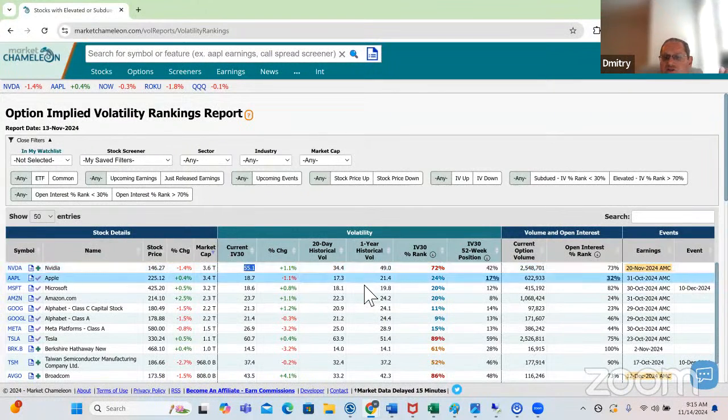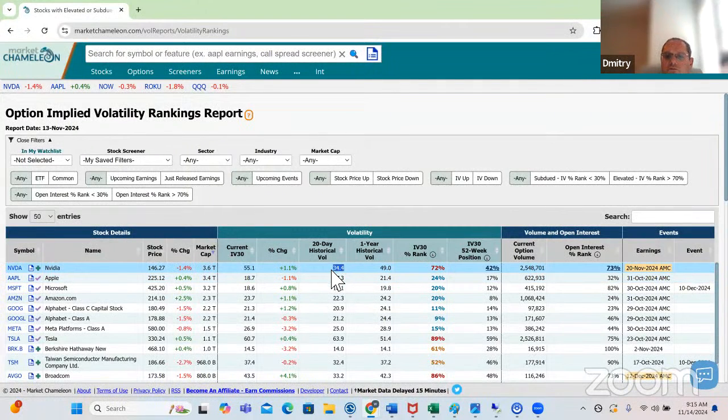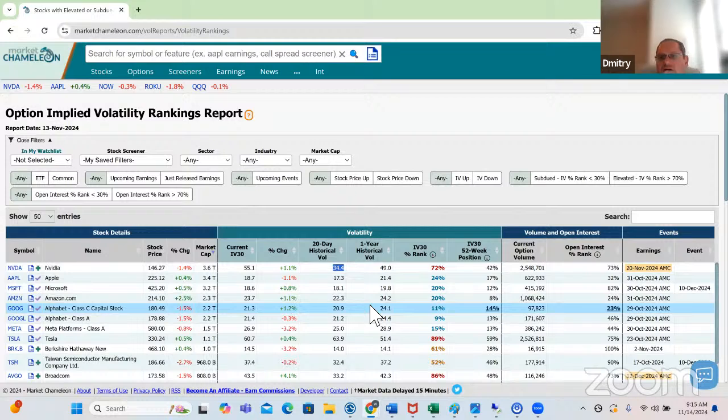We see that it's 34.4. Well, that 55 is above 34.4. So just given that, we see that the options are already implying that volatility going forward will be higher than the most recent volatility. That's one benchmark.